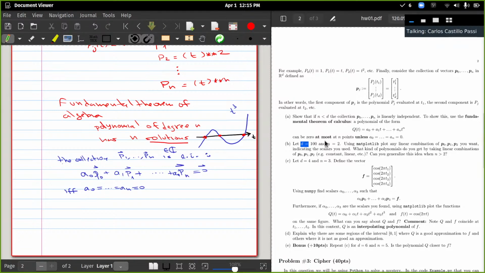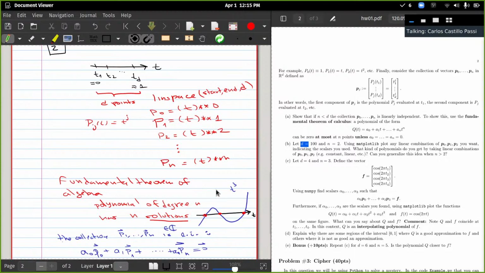Let d equal 100 and n equal 2 using matplotlib. Plot any linear combination of this. You want to indicate the scalars you used. What kind of polynomials do you get by taking linear combinations of P0, P1, P2? As we have already said, the first, P0, is constant.